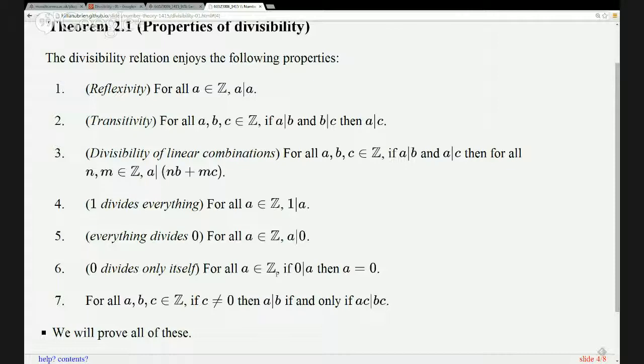Now, what's the key ingredient? What's the key tool we're going to keep returning to prove it? I should have brought my whiteboard pen, but I didn't. But the key tool is the definition of x divides y.